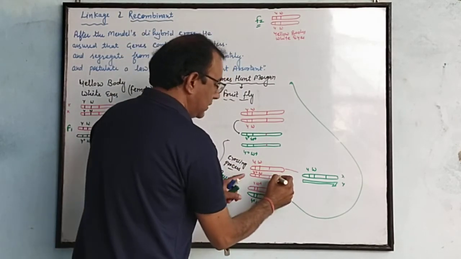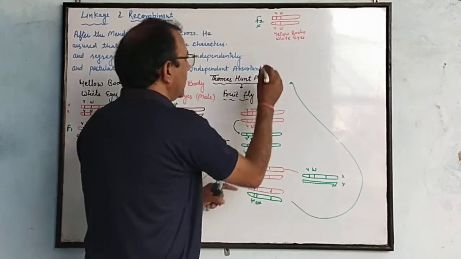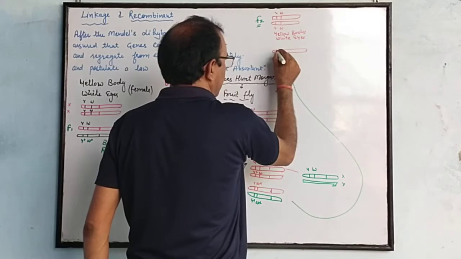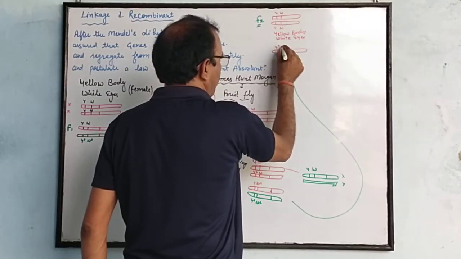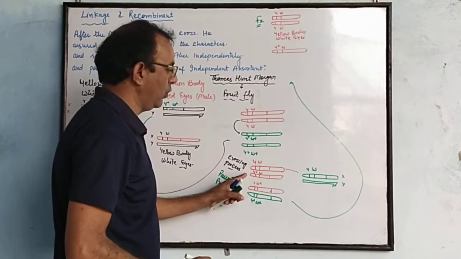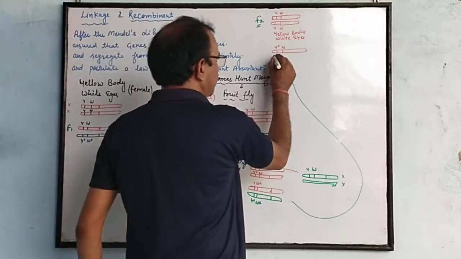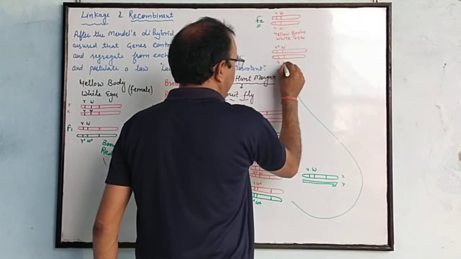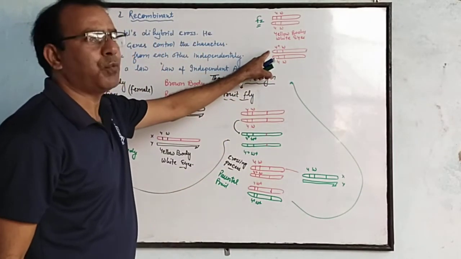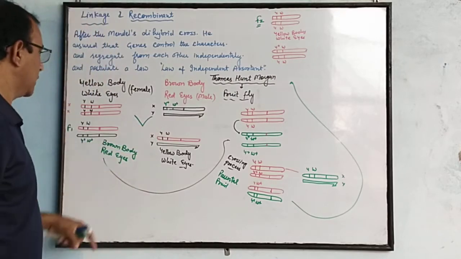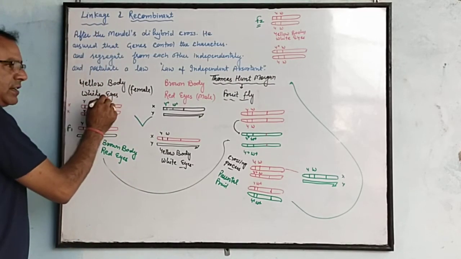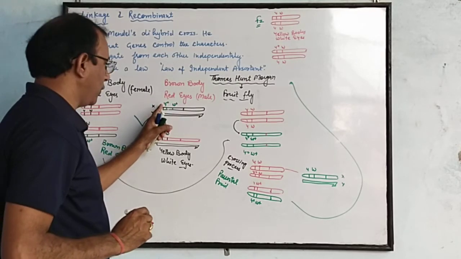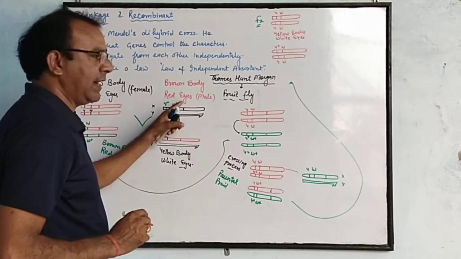Now crossing this X with this X1, then the second condition: one is Y plus W, because this is the crossing process. Y plus W crossed with YW. So one contains Y plus. Suppose yellow body is the Y and color of eye stands for white W. Here brown body stands for Y plus and red eye stands for W plus.